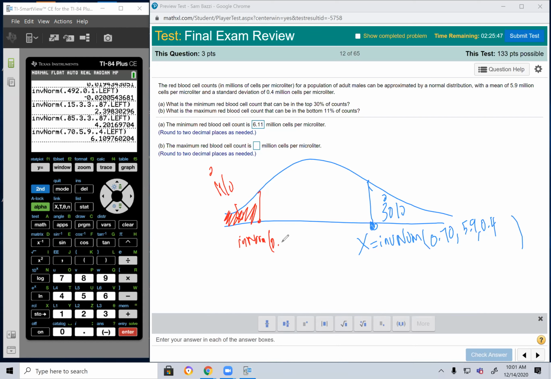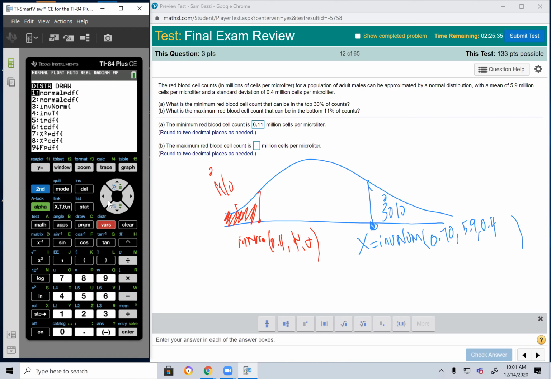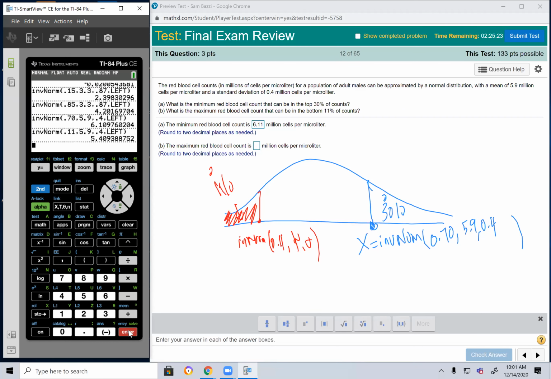You guys agree it's 0.11, mean and standard deviation. So you just go there. So it will be 0.11 and nothing else to change here. 5.41.